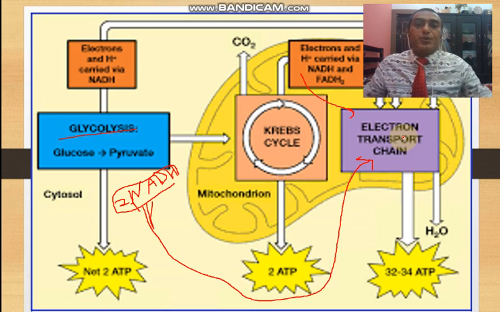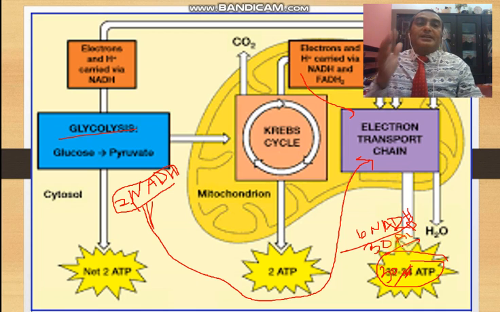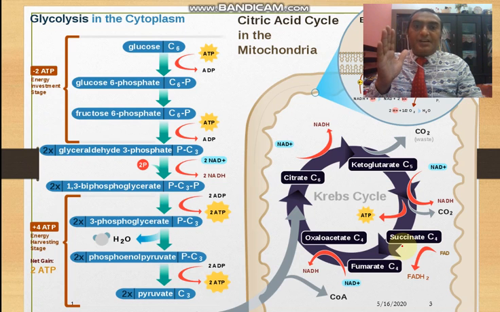The maximum amount of ATP is produced by the electron transport chain, around 30 ATPs. This process occurs at the cristae of the mitochondria.